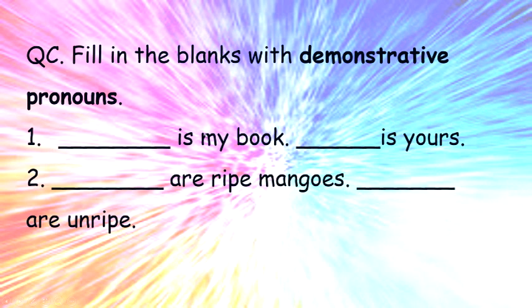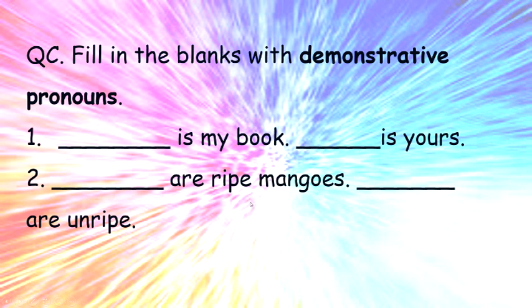Dash is my book. Children, I hope you recall what was demonstrative pronoun. Yes, those pronouns which are used to point out at the objects. This, that, these, those. Alright. With this information, try and attempt these answers. Dash is yours. Number 2.